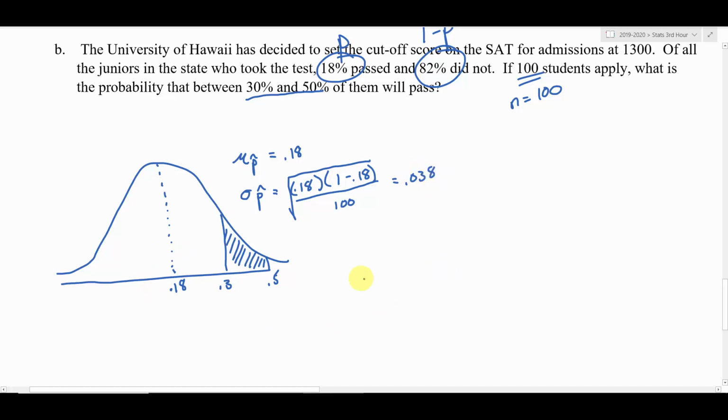So it is normal, so I'll set up a normal CDF. Lower bound, 0.3. Upper bound, 0.5. Our mean, 0.18. And our standard deviation, 0.038. Let's run that calculation real quick.